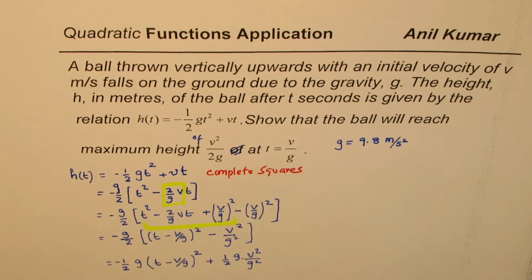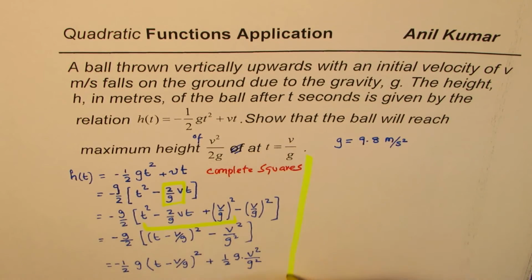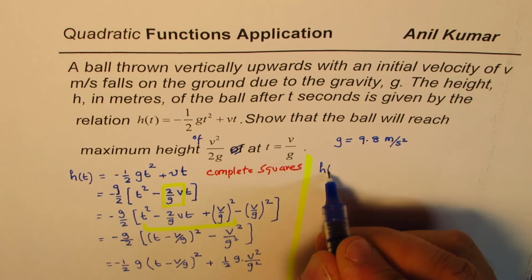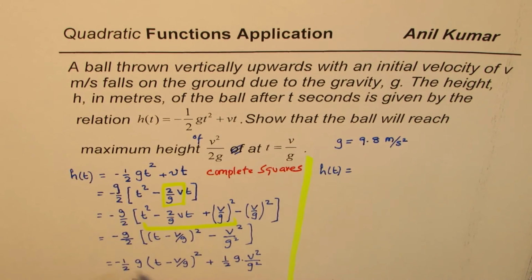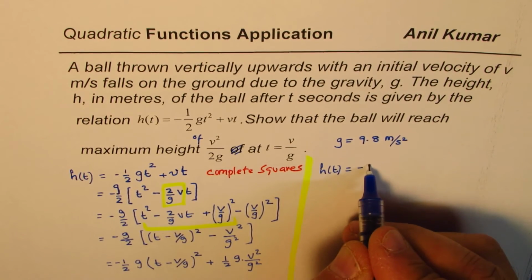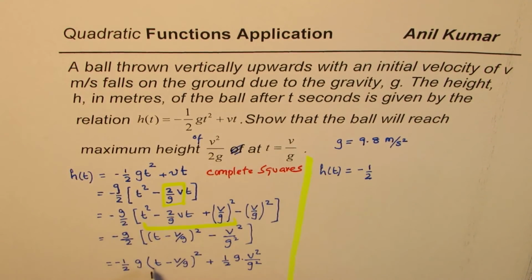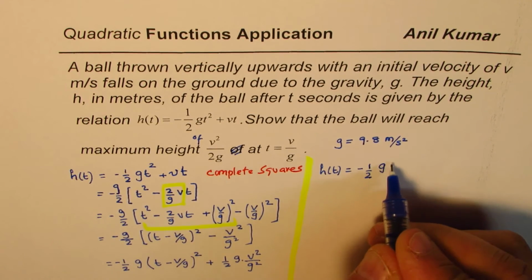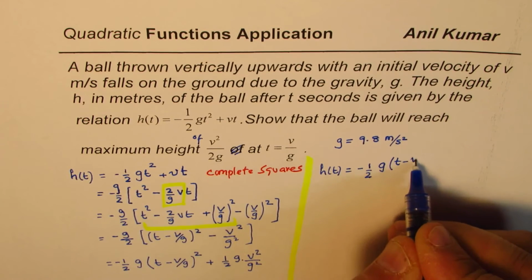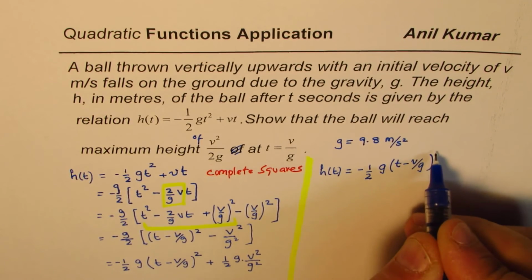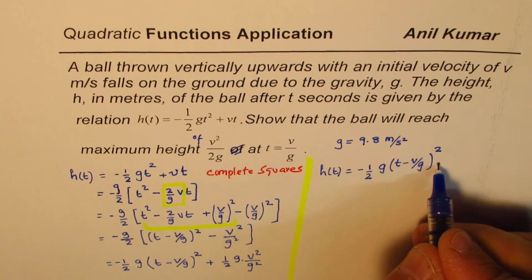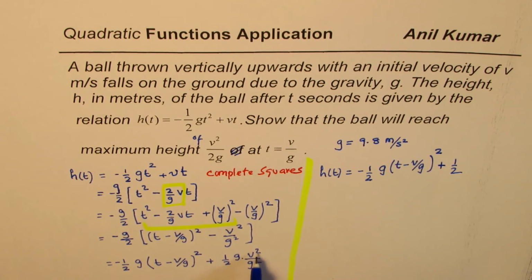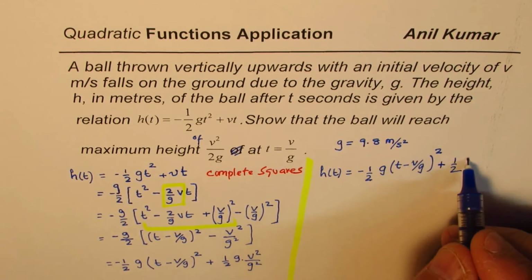Now let me rewrite this equation. We have h of t equals minus half g times t minus v by g whole square, plus half, g and g cancel, so we get v square by g.